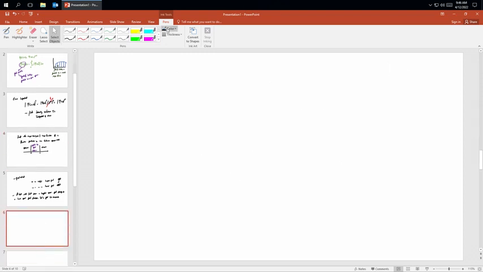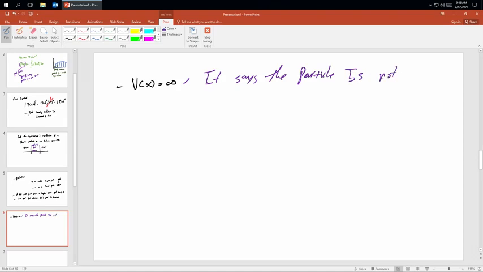So let me just go ahead and write this down. Same thing. We're saying V of x is going to equal infinity. That means the particle is not there.